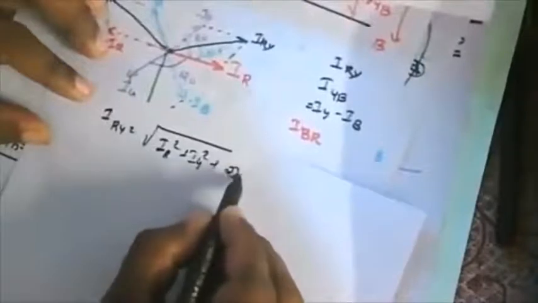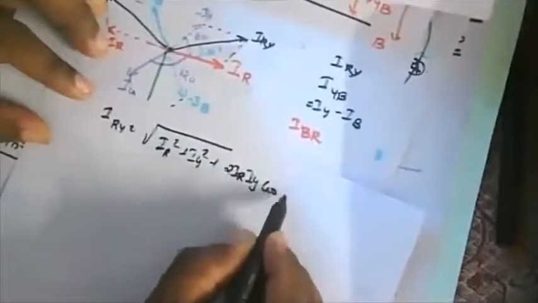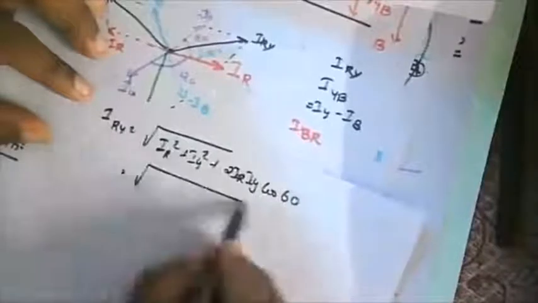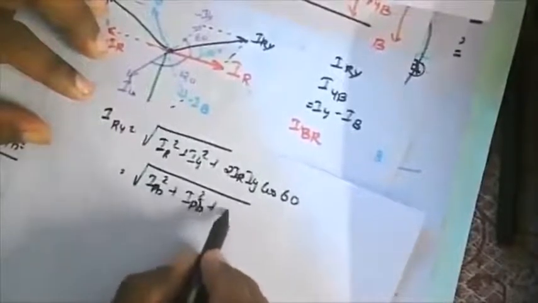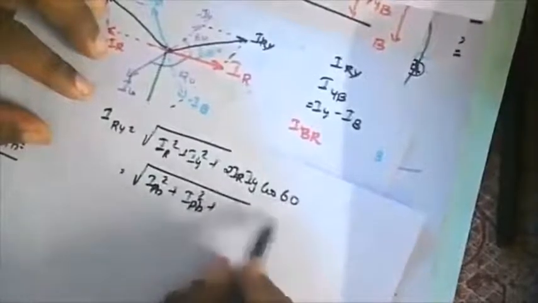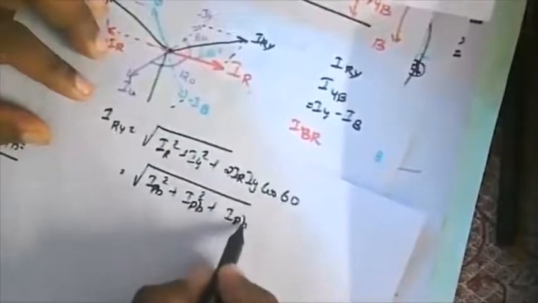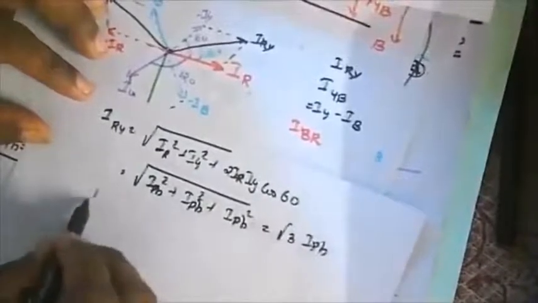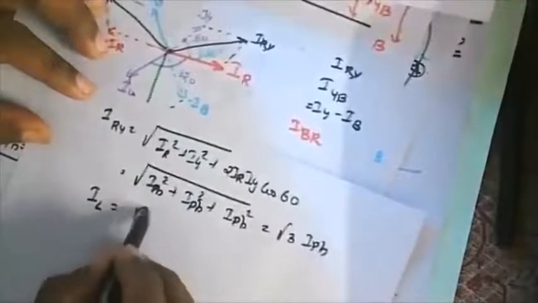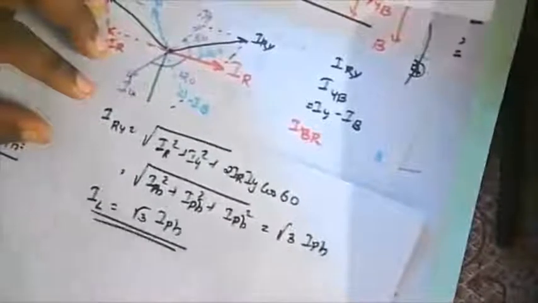IRY is equal to root of IR squared plus IY squared plus 2 IR IY cos 60. IR is nothing but I phase, so I phase squared plus I phase squared plus 2 I phase squared cos 60. Cos 60 is 1 by 2, the 2 is cancelled. So again I phase squared, you will get root 3 I phase. That is, IRY is nothing but IL. IL is equal to root 3 I phase.